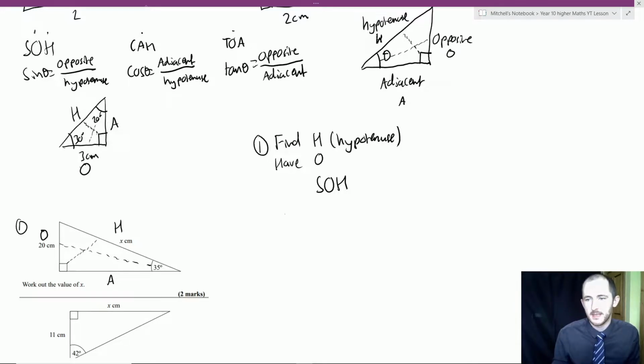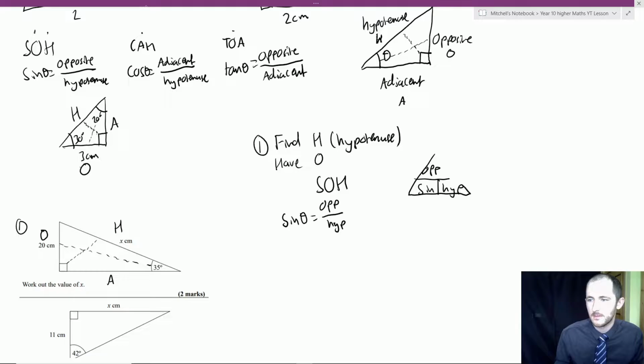So we're going to be using sine theta equals opposite over hypotenuse. The other way to do this is to use a formula triangle. So we're going to have sine in the bottom. Here we have hypotenuse, and above we have opposite. And if we have this triangle, we can use that to work out the answer as well.